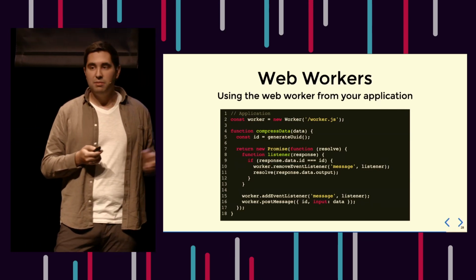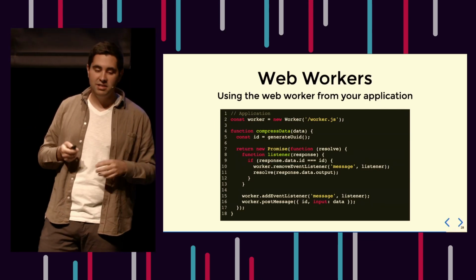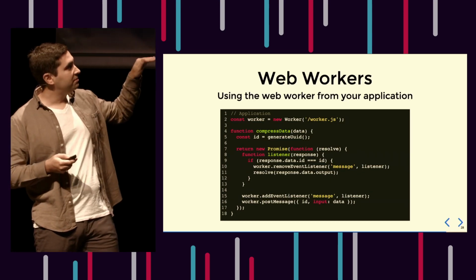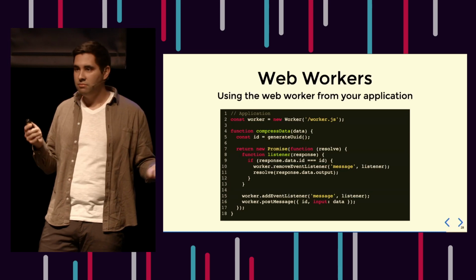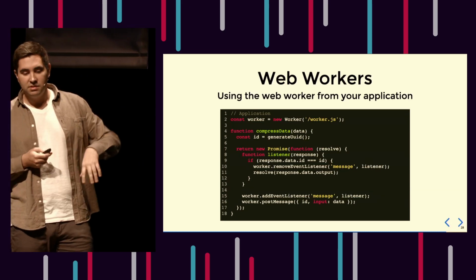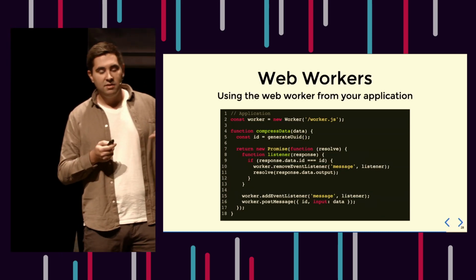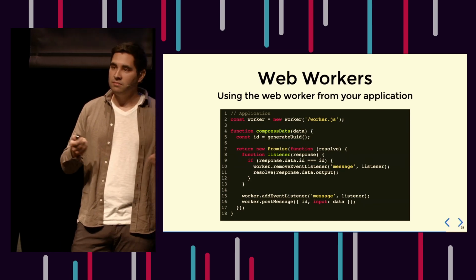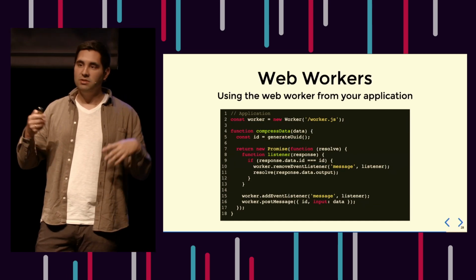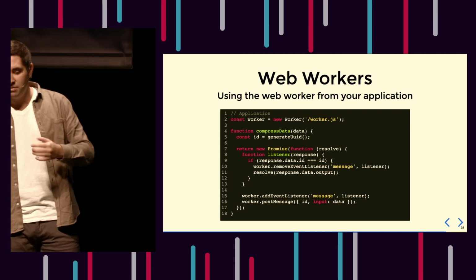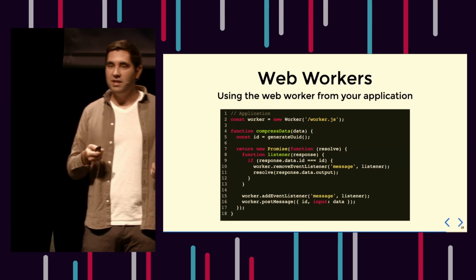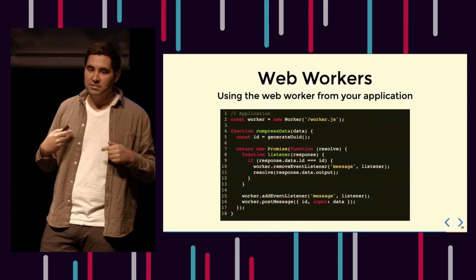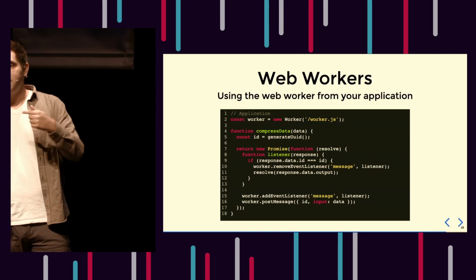So this is a very simple pattern to handle this, which is this. At the bottom, you see we post a message where the ID is a randomly generated ID, and we send the data. We also add an event listener to the worker, which will listen to stuff that the worker sends back to the main thread. And then in this listener, what we do is we check if the ID that I'm getting back is the same ID that I've been sending.